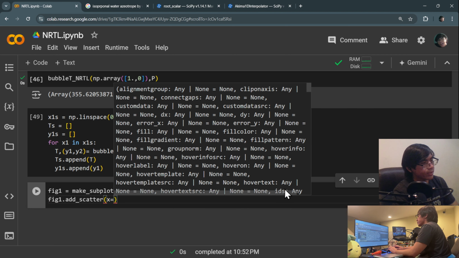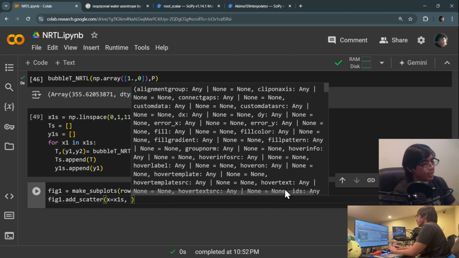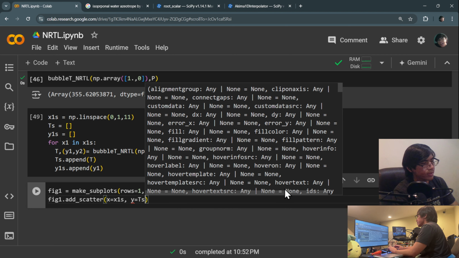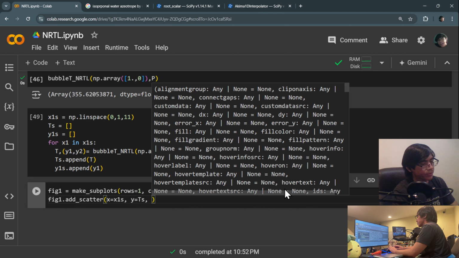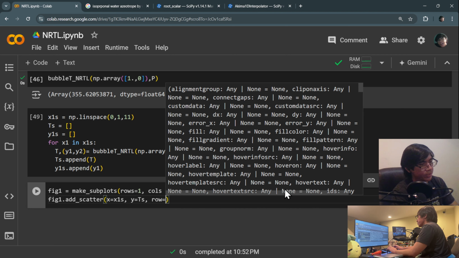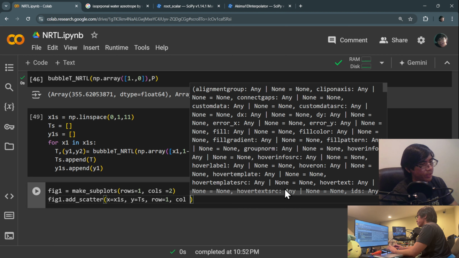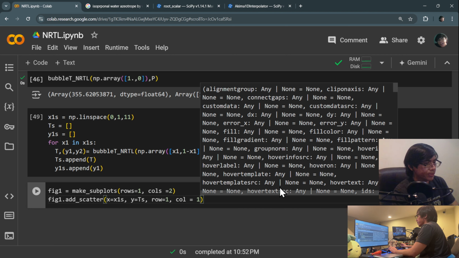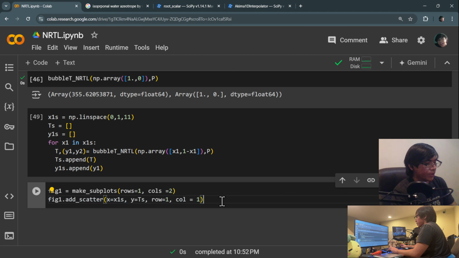On the x we have our x1s, and y is T's, or temperatures, and then we can do row equals 1, column equals 1. I think that's it. So that's our liquid mole fractions for bubble temperature.